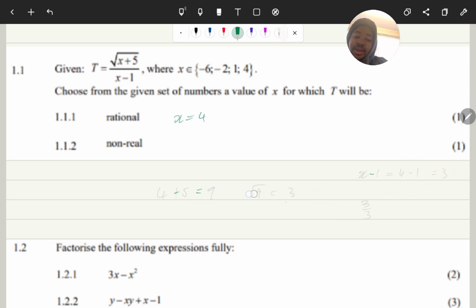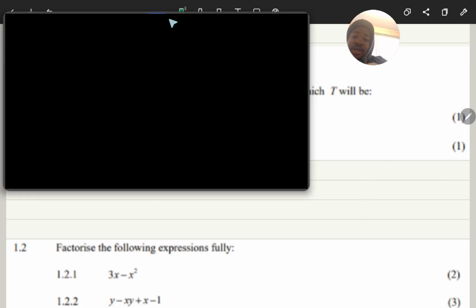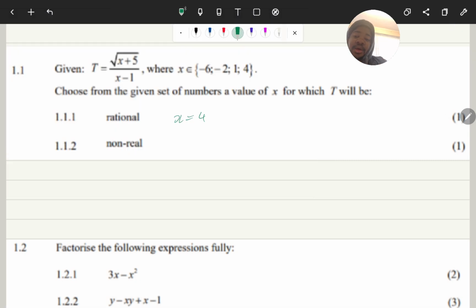And then for non-real, I think we did talk about it. There are two cases. One is where we get minus 6, the square root of minus 6 plus 5 being the square root of minus 1. This is non-real, so x equals minus 6.